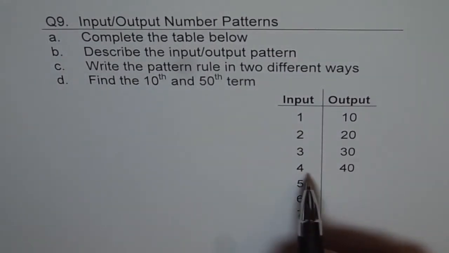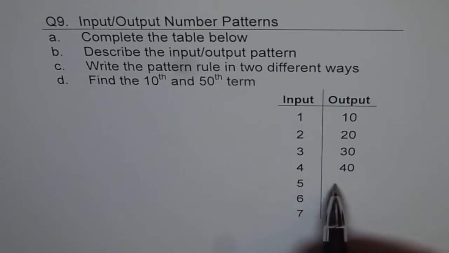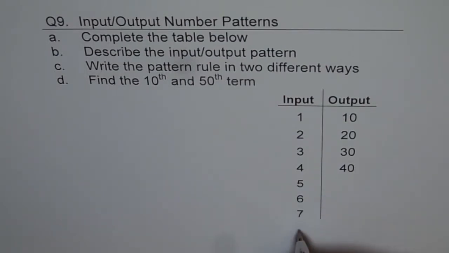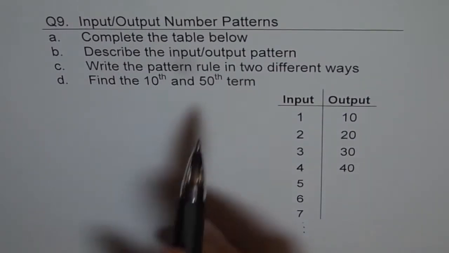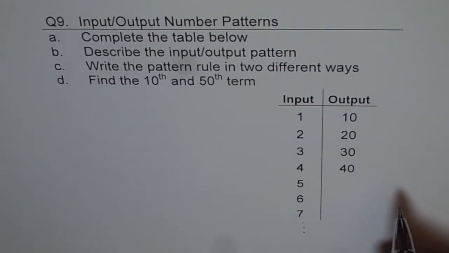So here, this is the 4th term. Then you have to write the 5th, 6th, 7th. Similarly, you can go on and write the 10th and 50th term. Remember, for the 50th term, try to use a formula. You just don't want to write 50 terms in a sequence, right? So be smart.